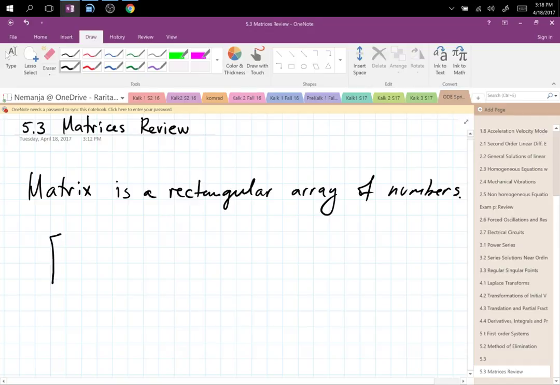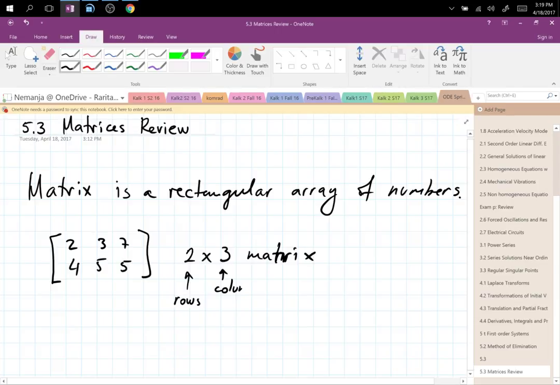So this matrix is called a 2 by 3 matrix, and it has 2 rows and 3 columns. It has positions that are row and column.